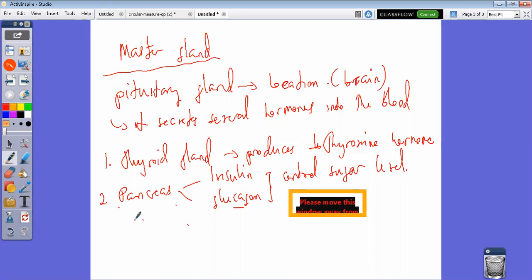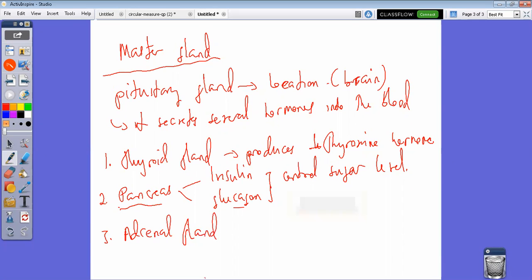Then we have the adrenal gland. So yes, we are talking of adrenaline.